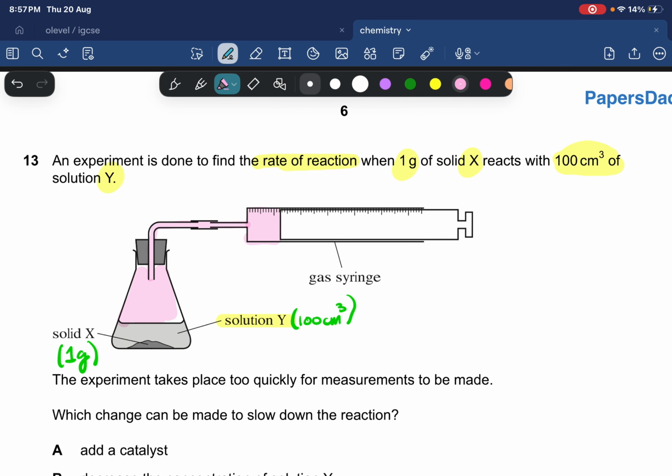The experiment takes place too quickly for measurement to be made. Which change can be made to slow down the reaction?